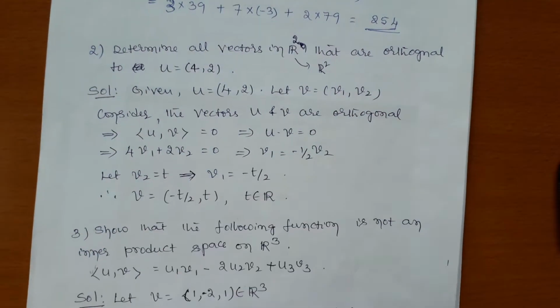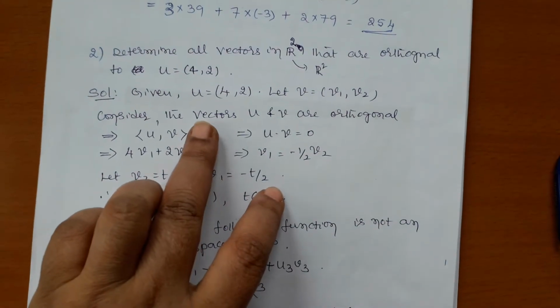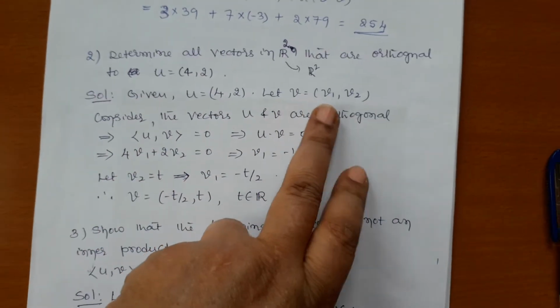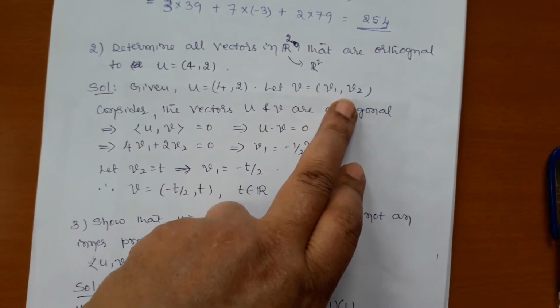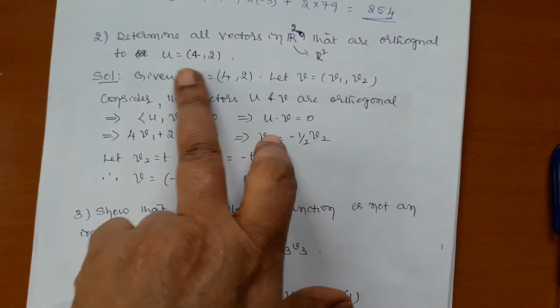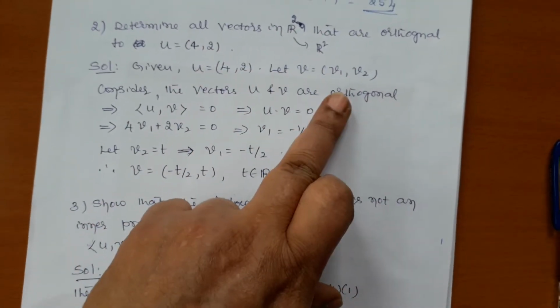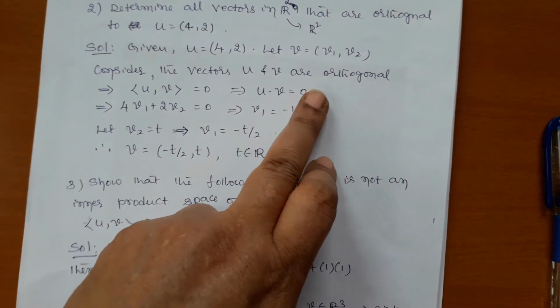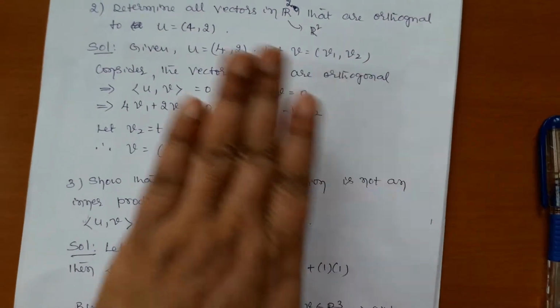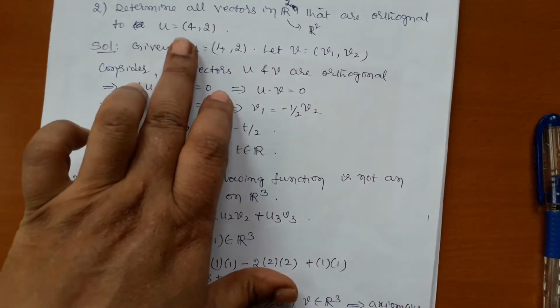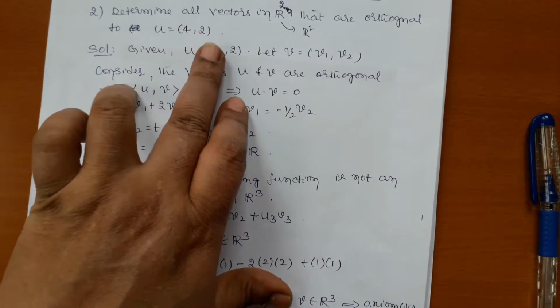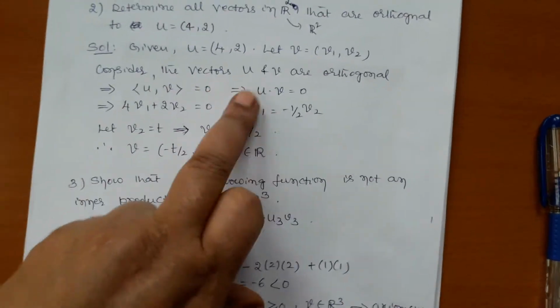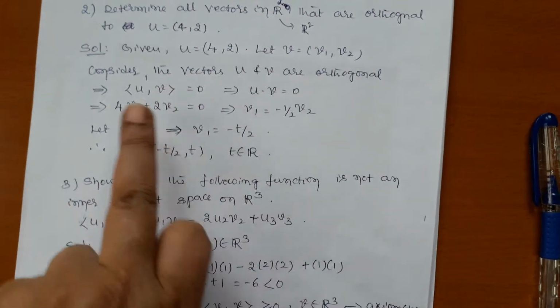Then I may choose another vector, say v, having how many components? 2 components, because the given vector has 2 dimensions and this also has 2 dimensions. Consider vectors u and v are orthogonal. Just assume that they are orthogonal.